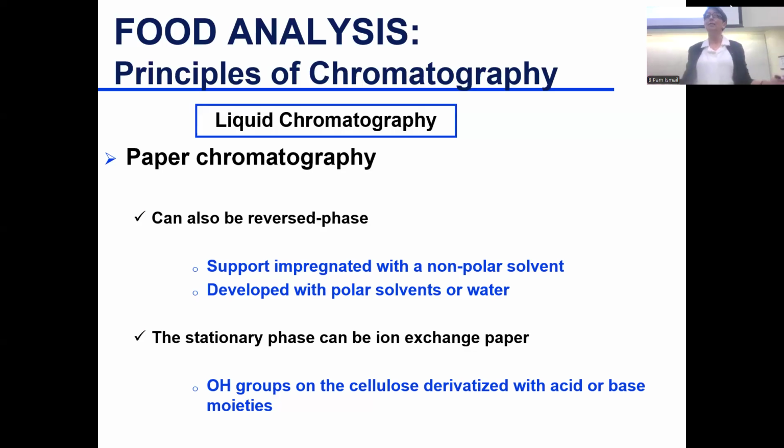Then you can run it as ion exchange. So you can run paper chromatography as normal phase, which is the most common, as reversed phase, and as ion exchange if you derivatize the OH group to carry an acid or a base. All these terms, we will talk more about them when we cover column chromatography.